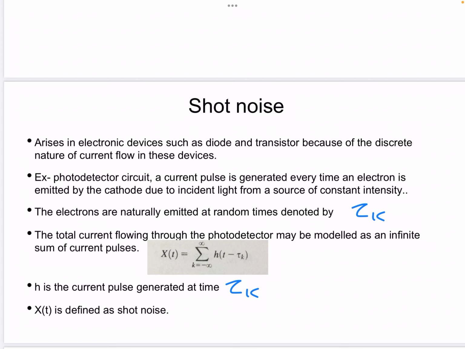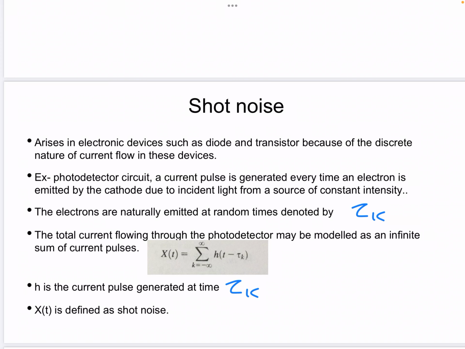X of t is equal to summation k from minus infinity to plus infinity h of t minus tau k, where h of t minus tau k is the current pulse generated at the time tau k. The process x of t, given by that equation, is a stationary process.